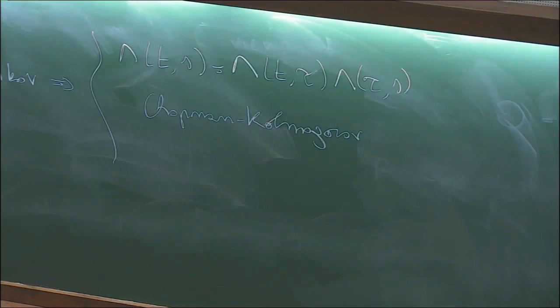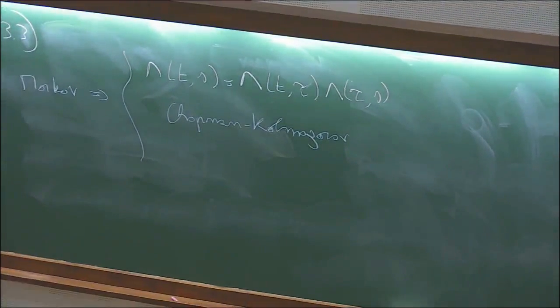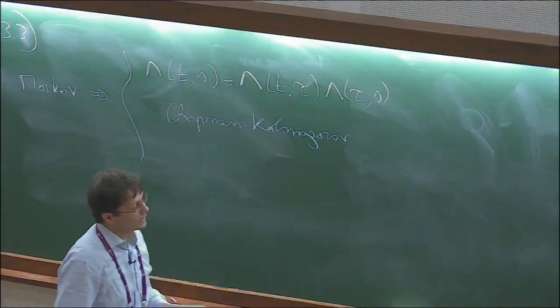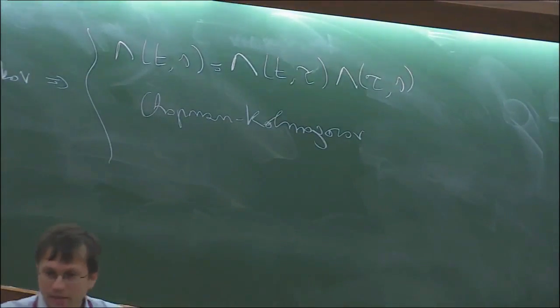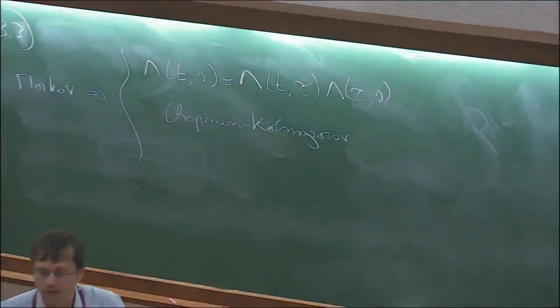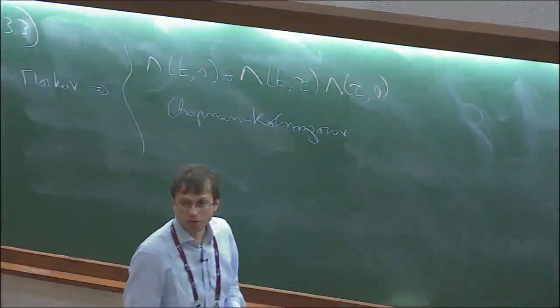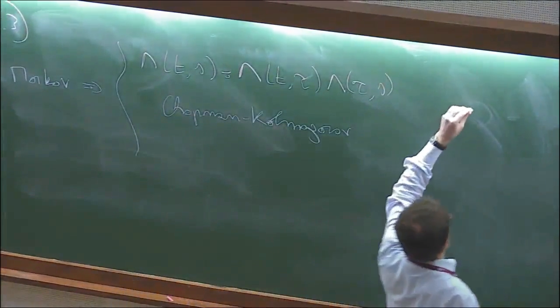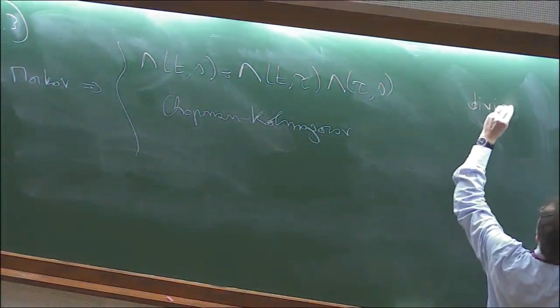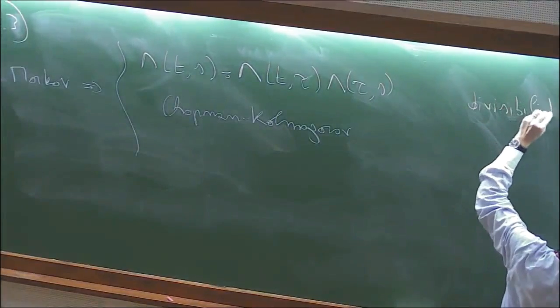They send probability vectors to probability vectors, so they are the natural map which gives the transformation in time of the state. And this transformation in time can be split in as many pieces as I want, and each piece is a well-defined transformation. So this is a divisibility: Chapman-Kolmogorov can be restated as a divisibility property.